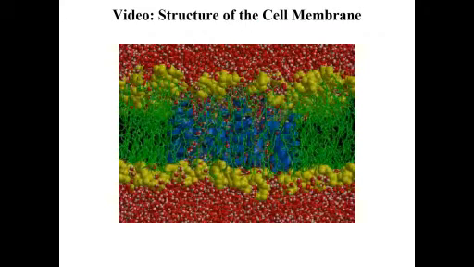This is a short, brief clip of the cell membrane. Now note what's taking place. You have your phosphate groups here, and in green you have your lipids, your fatty acid tails. And here in blue you have a protein. This is a transmembrane protein, and you have molecules of water that are entering and leaving the cell.